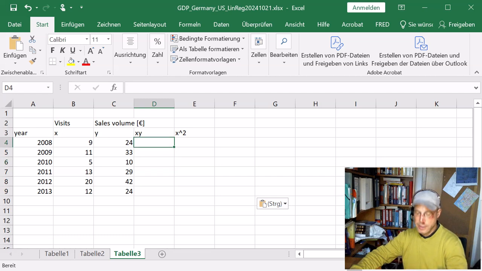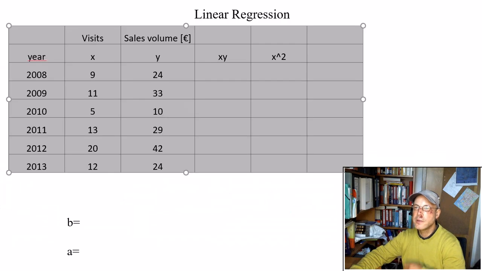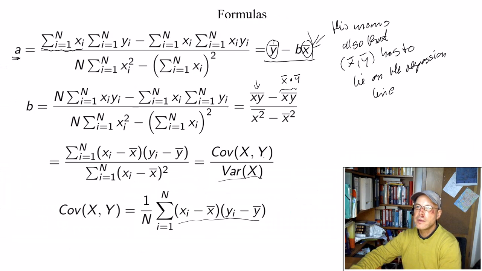So, if we look at this formula here, then we see, of course, we need the sum of x, we need the sum of y, we need the sum of x times y, and we need the sum of xi squared.